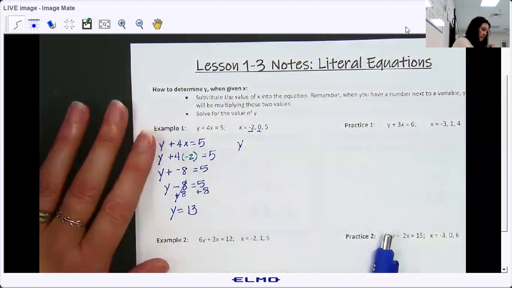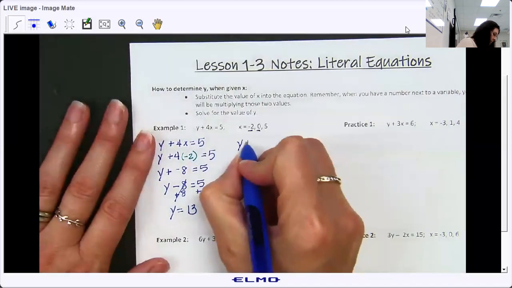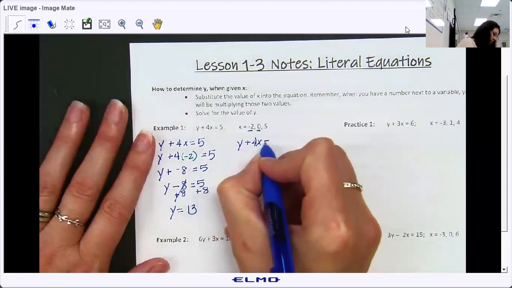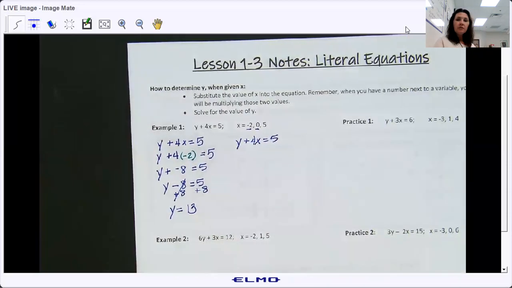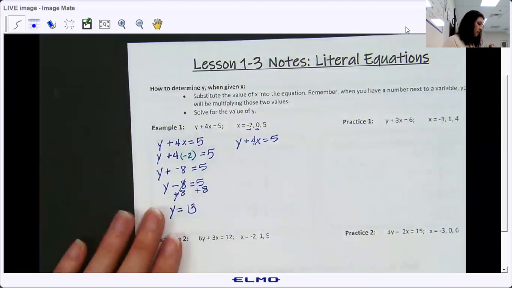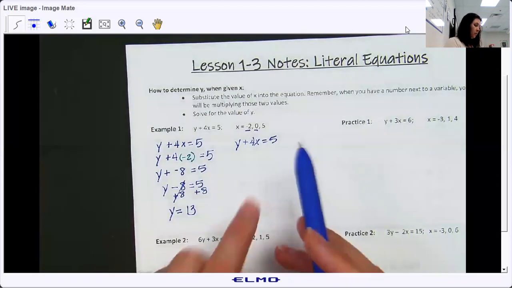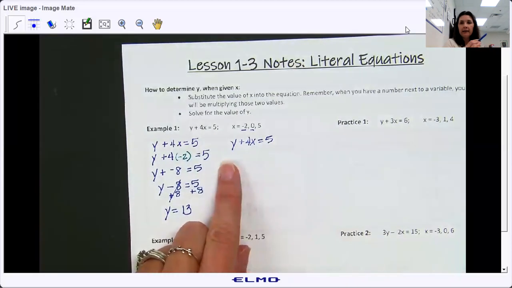So you have Y plus 4X equals 5. What I'll do now is, instead of just plugging the number in, I'm going to rearrange my equation and set it equal to Y. And then that way I'm only working on one side of the equation. So what I want to do is I want this equation to be Y equals.